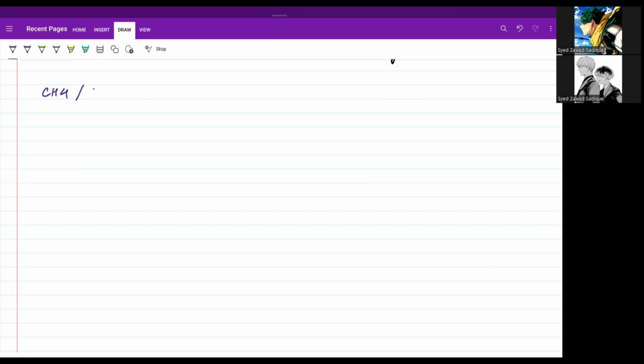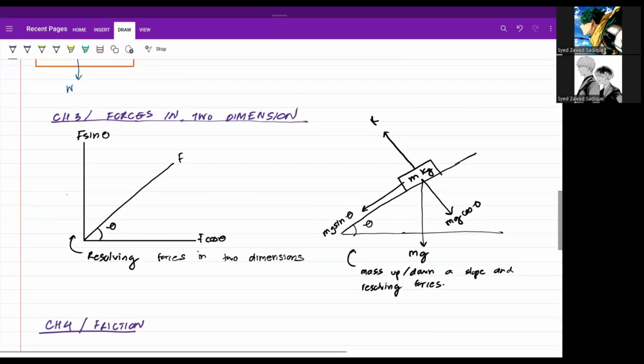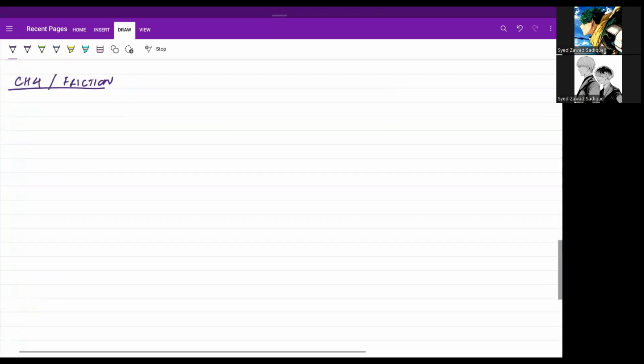Chapter 4, that is friction. Friction is also related to chapter 2 and chapter 3 because it develops on that idea, what we use with resolving forces and slopes and everything.